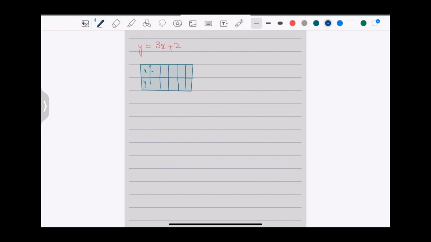Let's say -2, -1, 0, 1, 2. Now, these are values you chose yourself. You could have chosen negative 50, negative 40, any value depending on the graph grid that you have. So all the x values you chose yourself, so it is called an independent variable. It is a variable, but an independent one because you can choose any value depending on the direction of your graph.